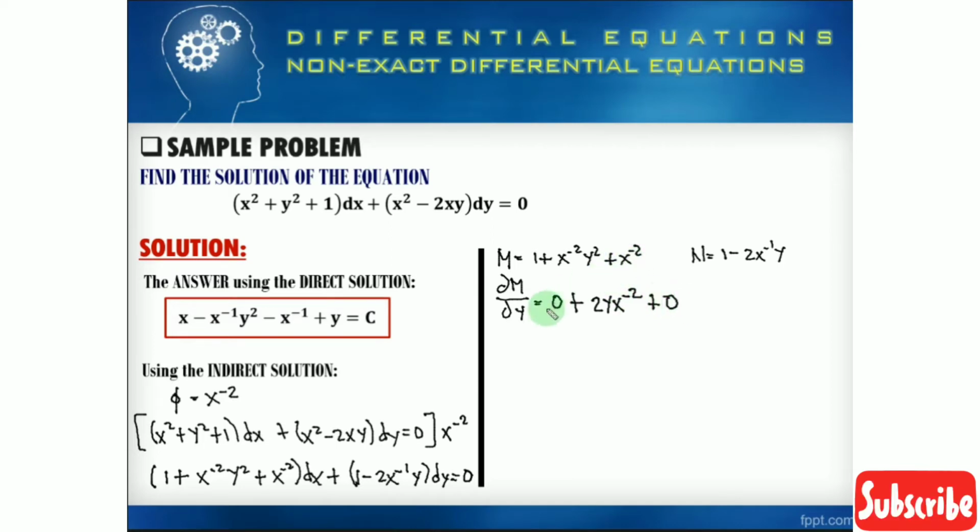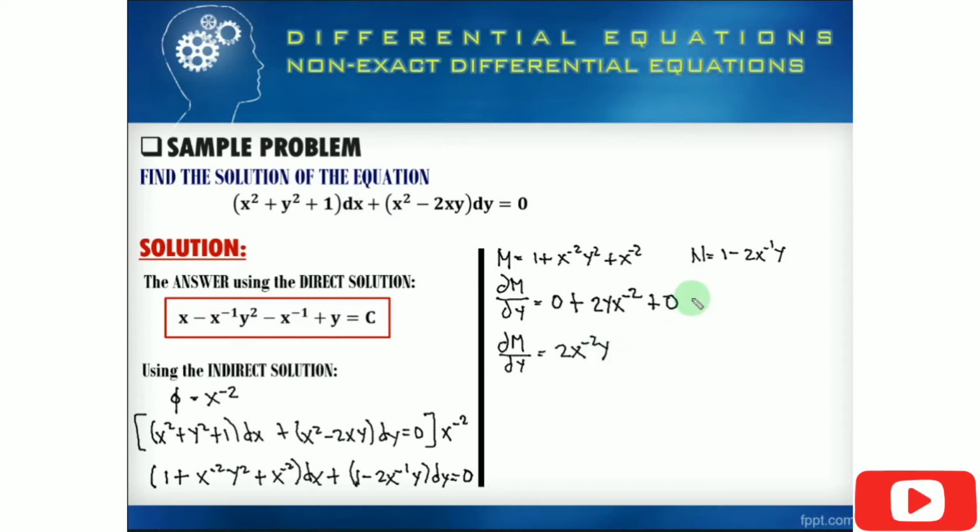Since our variable is y, this is a constant if we are dealing with the partial derivative of M with respect to y, so this is equal to 0. Therefore, our partial derivative of M with respect to y is equal to 2x raised to the negative 2 times y.